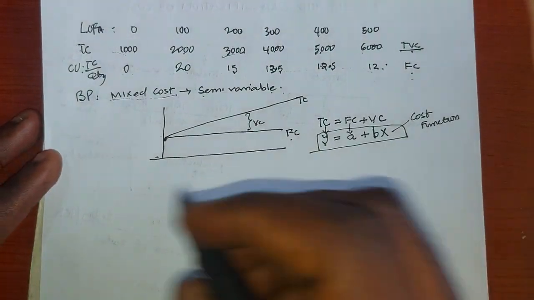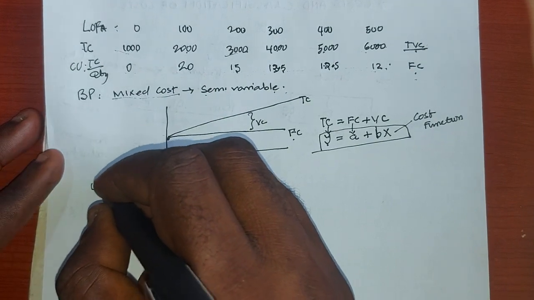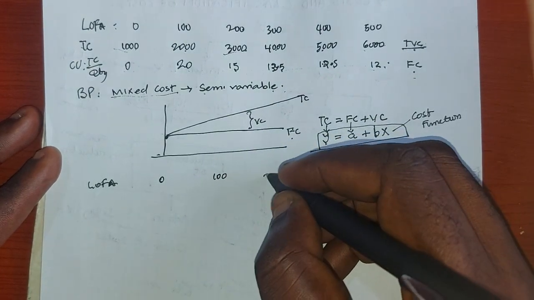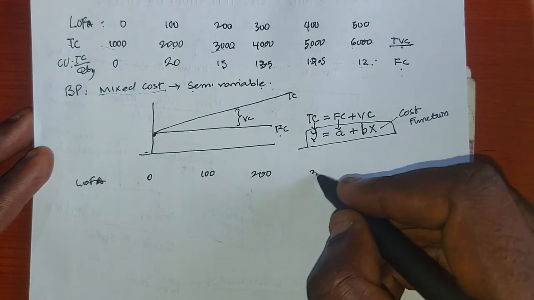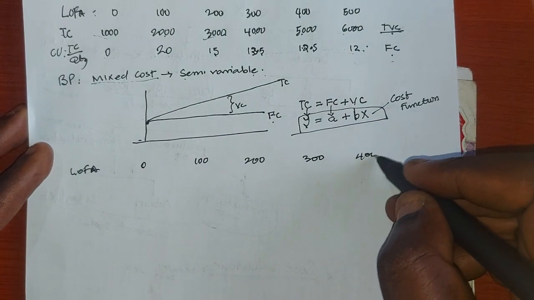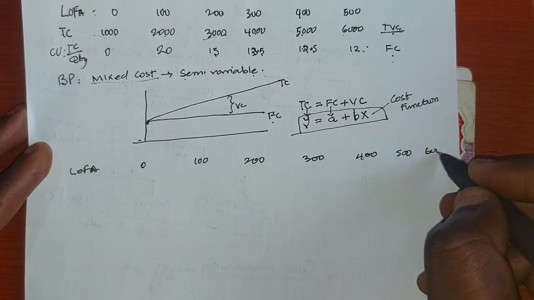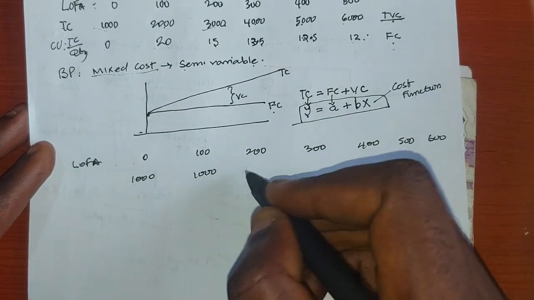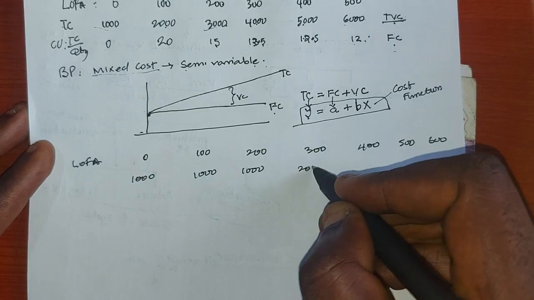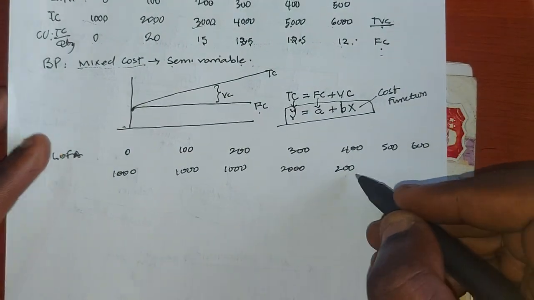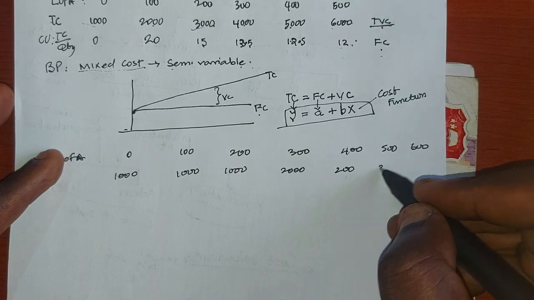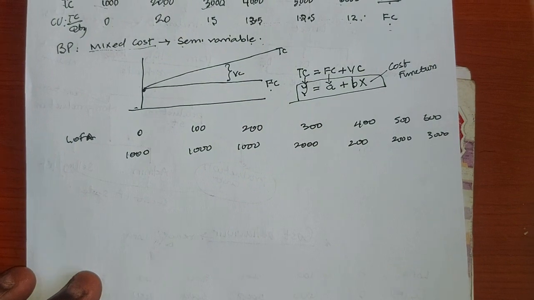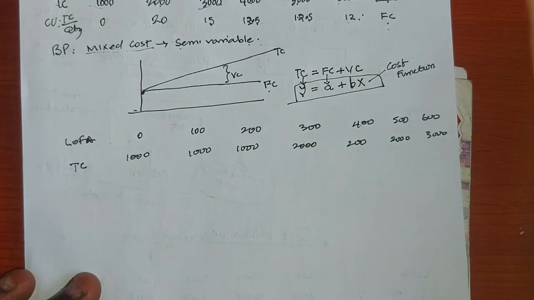Then lastly, supposing you have level of activity 0, 1,000, 2,000, 3,000, 4,000, 5,000, and 6,000, and you have total cost of 1,000, 1,000, 1,000. By the time you get to this place, you have 2,000, 2,000, 2,000, then 3,000, and so on. This is total cost.